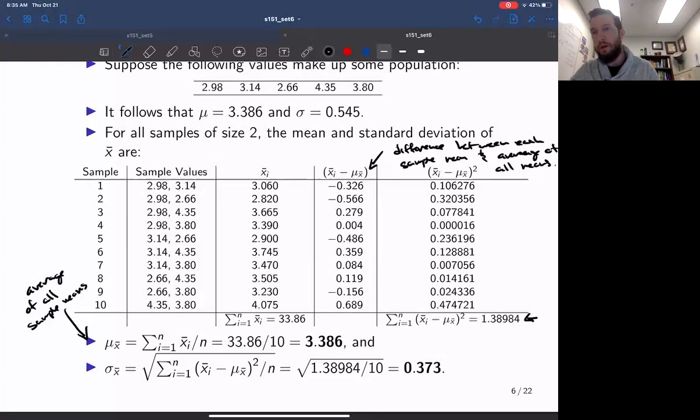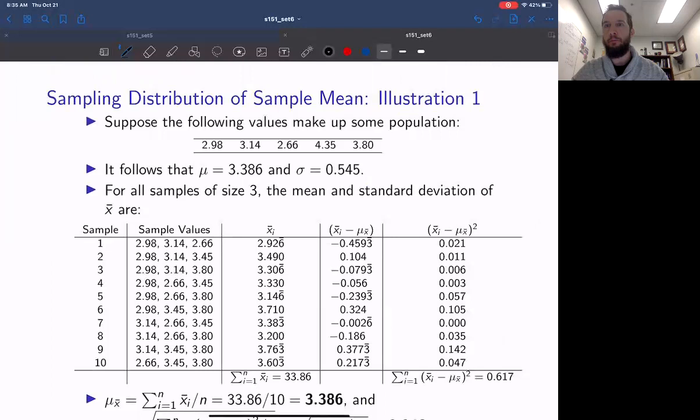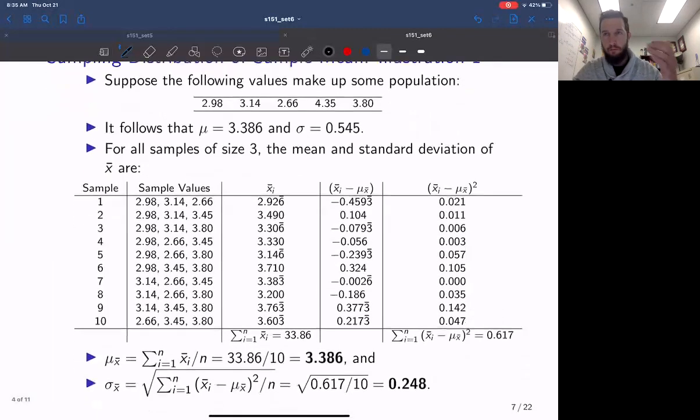Well, in order to get a better understanding of what this means, we need to consider one more example. So in this illustration, I took samples of size 2 from the 5 values. Now suppose I take samples of size 3 from the same 5 values. So it's the exact same population, but I'm just taking a slightly larger sample size. Okay, so same process.